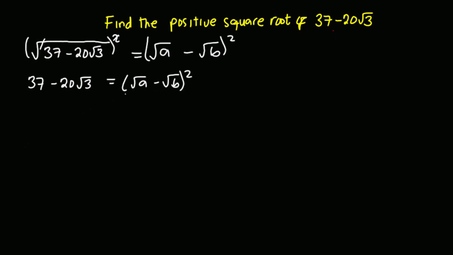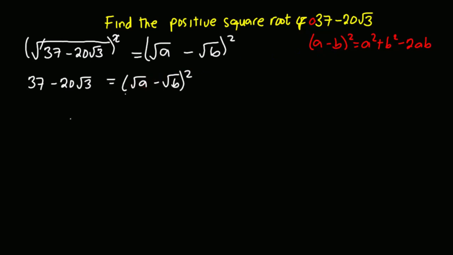That general principle says that if you have a minus b all squared, this is the same as a squared plus b squared minus 2ab. So we are just going to use this principle to expand what we have here.